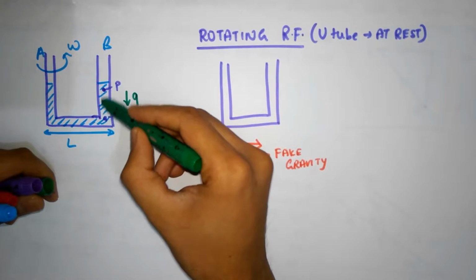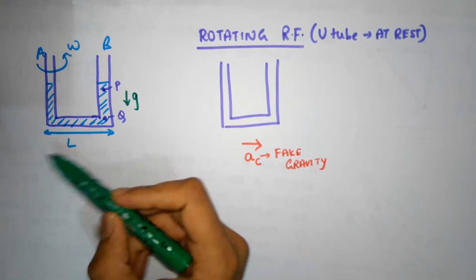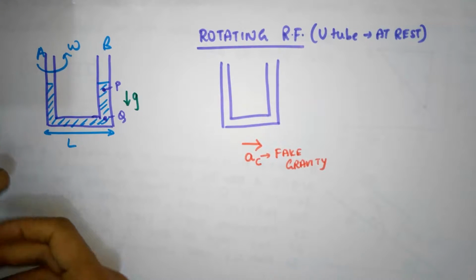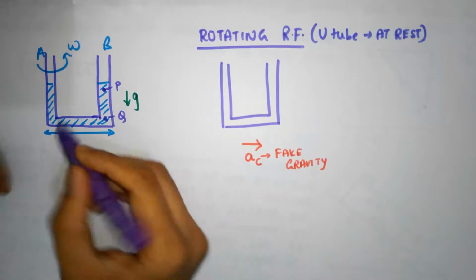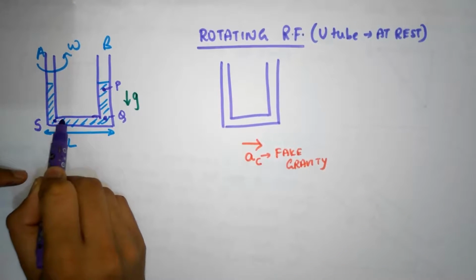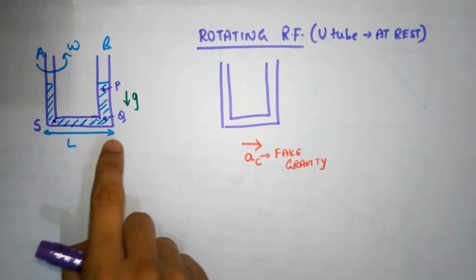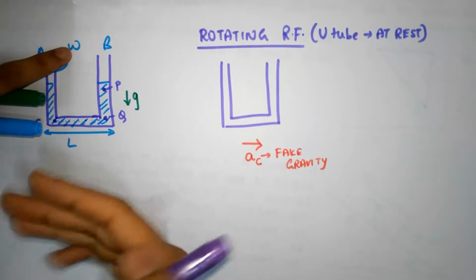Therefore, this column is going to exert a force, and therefore there's a pressure difference. However, there is absolutely no difference in the pressure between point Q and say point S if they're at the same level, because there's absolutely no gravitational field in the horizontal direction. Well, that's when things are not rotating.